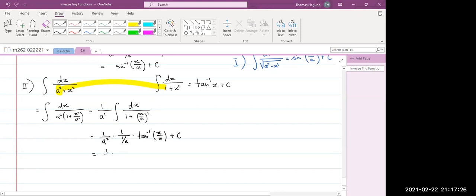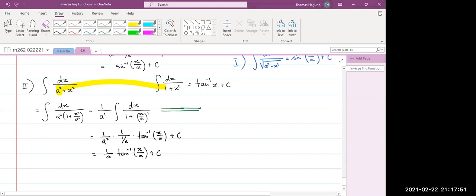So this will be 1 over a tangent inverse of x over a plus constant. It shows up a lot, such that I would like you to memorize this. Okay, memorize the work also though. I mean, you can go slower. Don't get me wrong. If you want to go slower, fine. You go slower here.